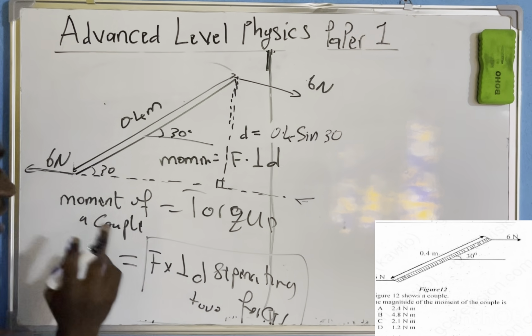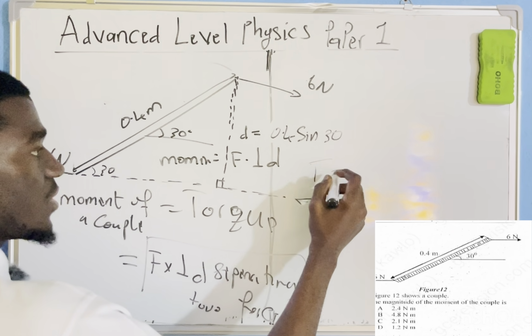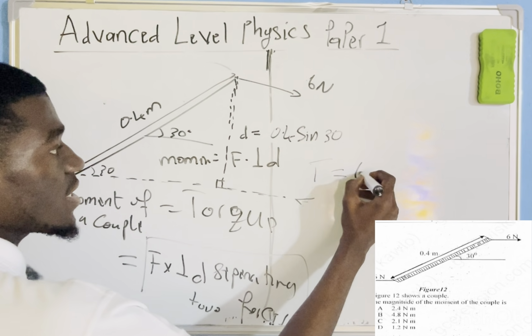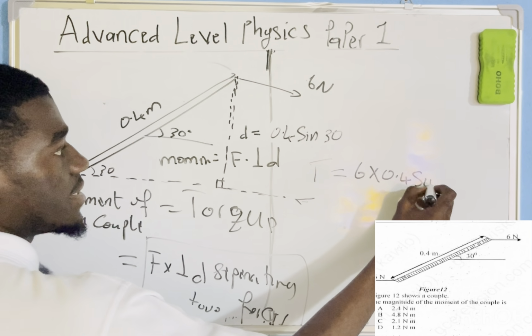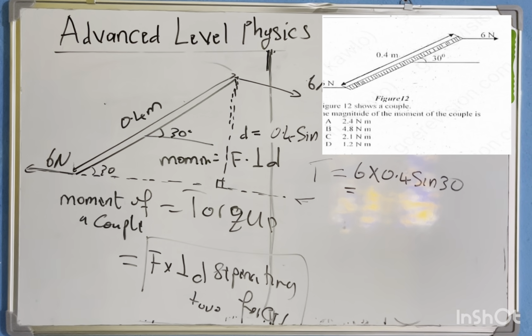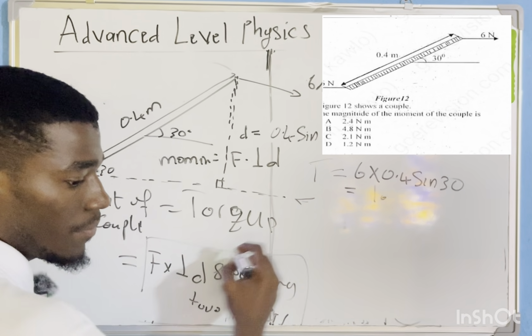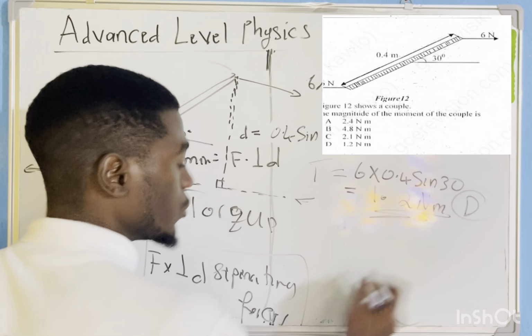You're taking F, one of the forces of the couple. So our torque here is simply equal to 6 times D, which is 0.4 sine 30. As easy as that. After applying the numerical application, you come out with 1.2 Newton meter, making the best proposal D.